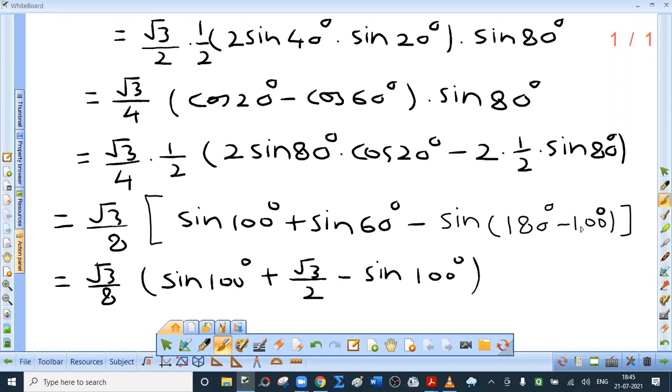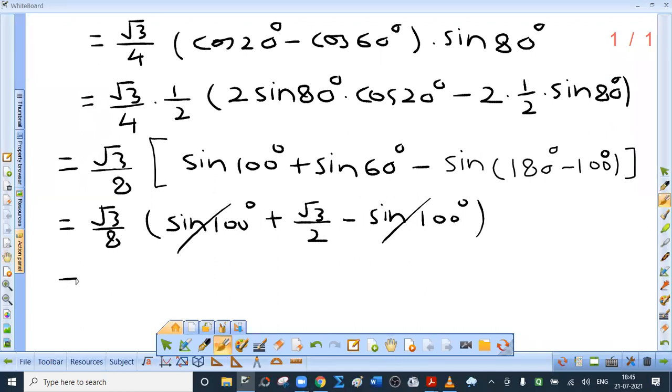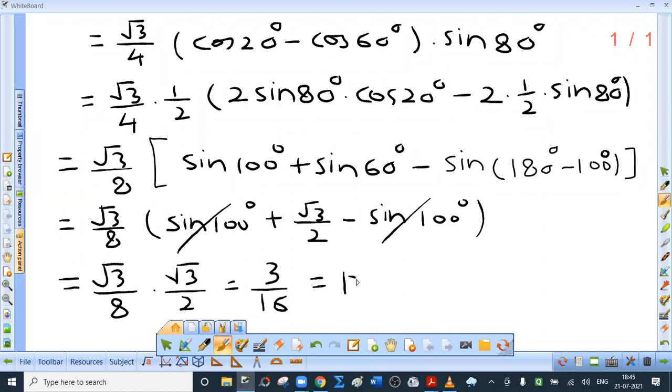Or if you consider 100, then also 100 is in the second quadrant in which the sine ratio is positive, and that is why this sign remains as it is. Note that plus sine 100 and minus sine 100, these two terms get cancelled. So root 3 upon 8 into root 3 upon 2, that is 3 upon 16, which is nothing but the right hand side. Right.